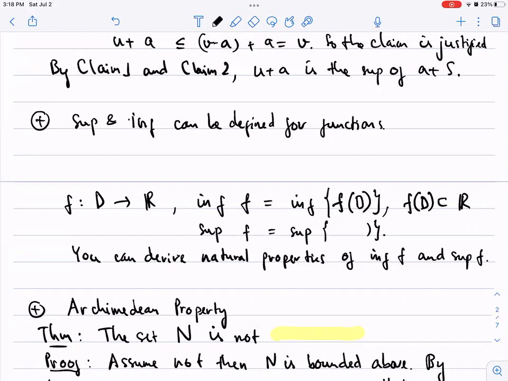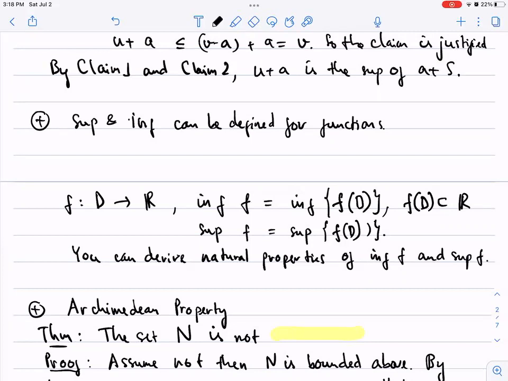A priori, the infimum might not exist, but we can always give a definition. Similarly, we can define the supremum of a function to be the supremum of the set of the range of this function. Again, we consider f of D, the image of the whole domain D under the function f.